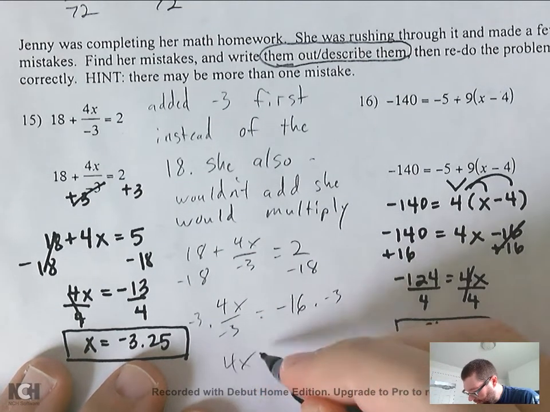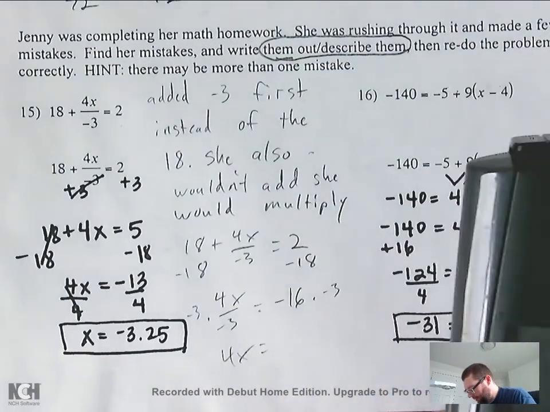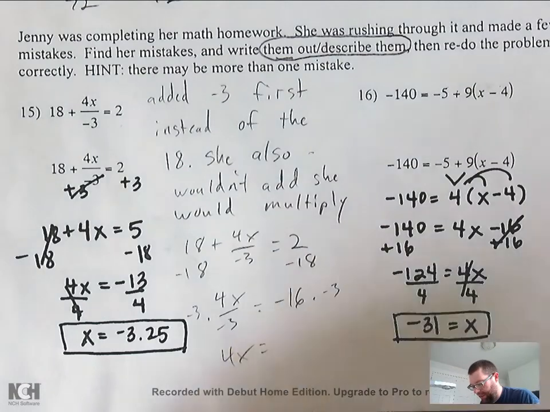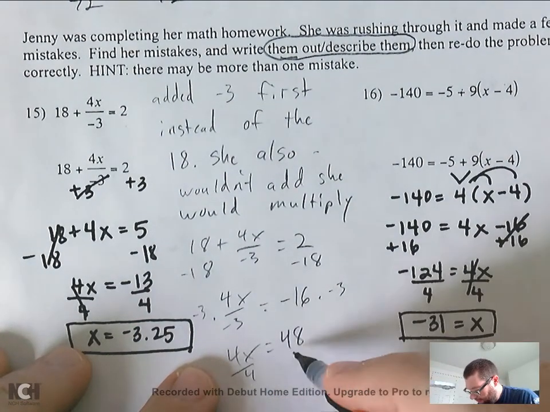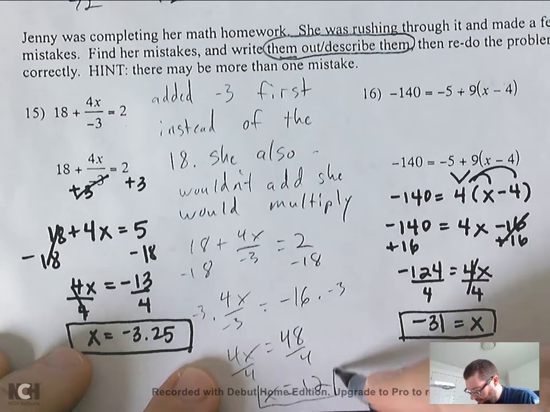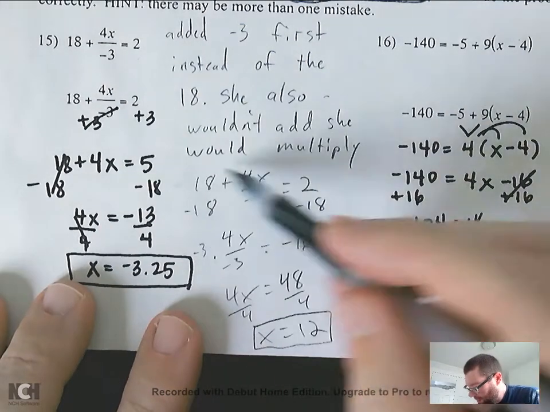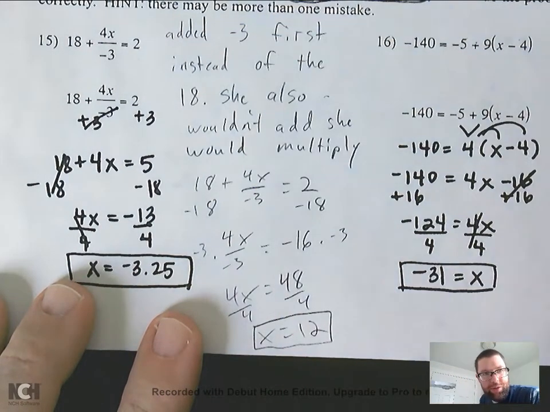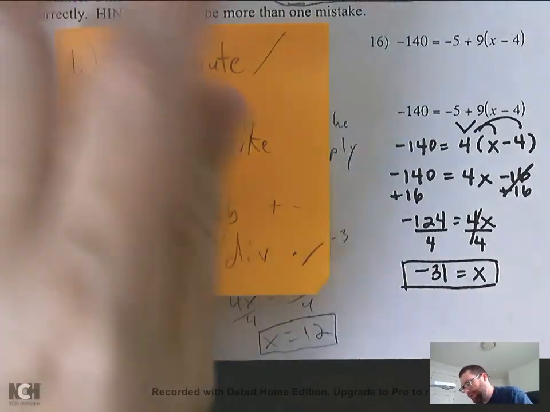Gives me 4x is equal to 16 times 3 is 48. And then I would divide by 4, which would give me x is equal to 12. Okay, so there's the work, there's the explanation. Okay, let's look at the next one.